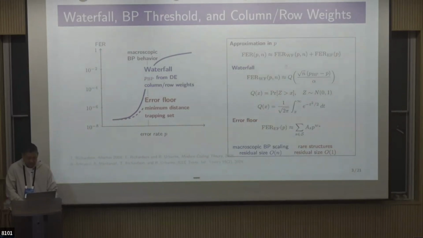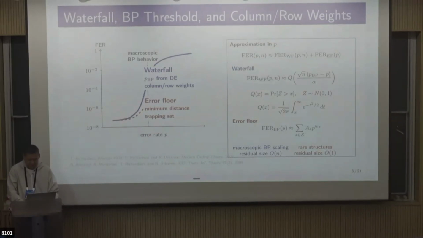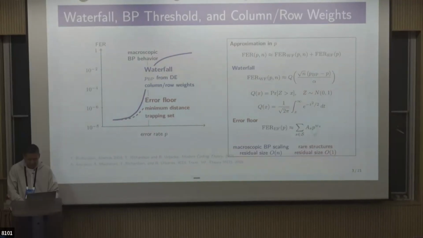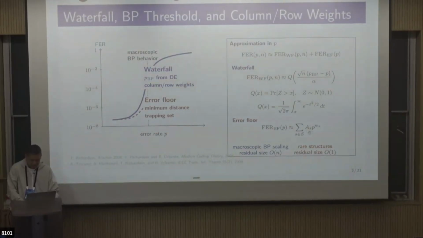The waterfall region is approximated by an exponential drop of the error rate, while the error floor is approximated by a polynomial in the channel parameter p, with the number of harmful small structures in the Tanner graph and their weight.